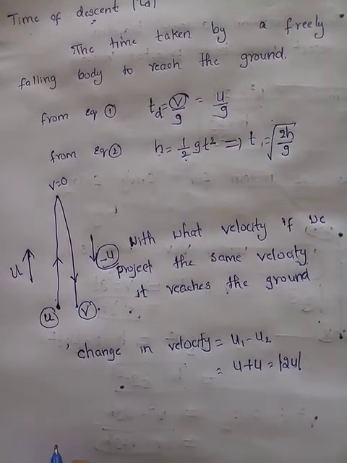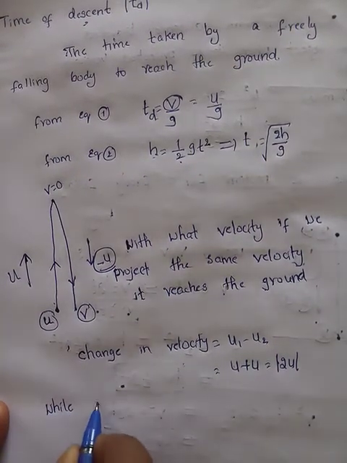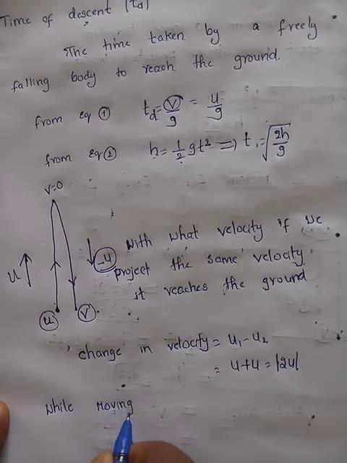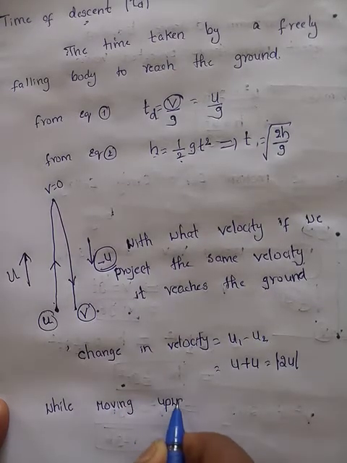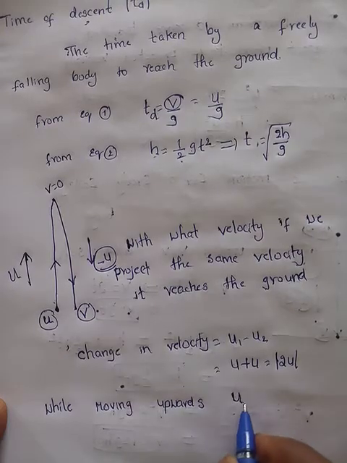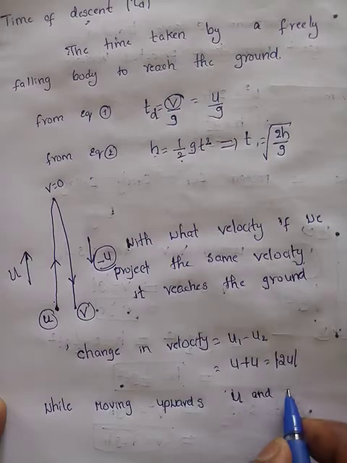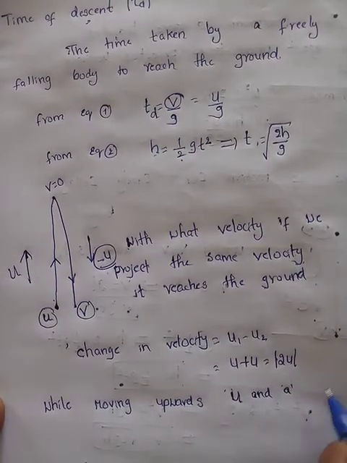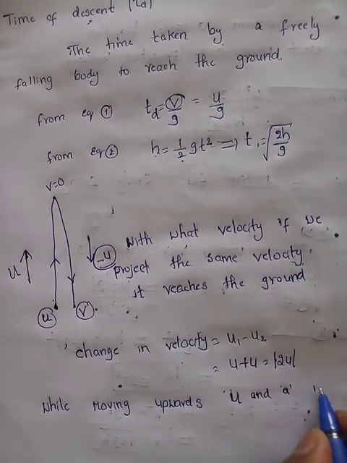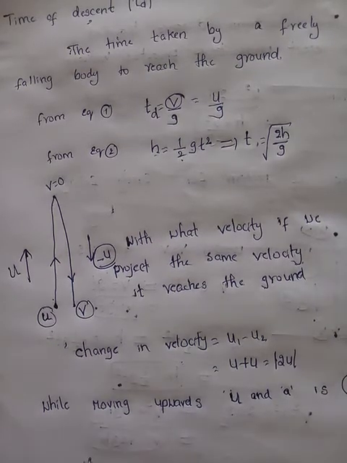And one more thing you have to observe about the projectile, these are important points from an exam point of view. While moving upwards, the angle between velocity and acceleration is 180. Is it right?